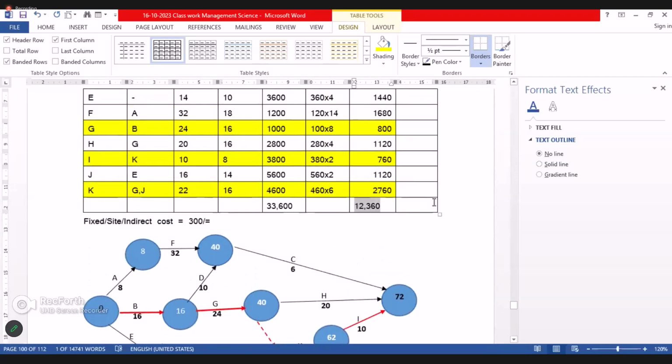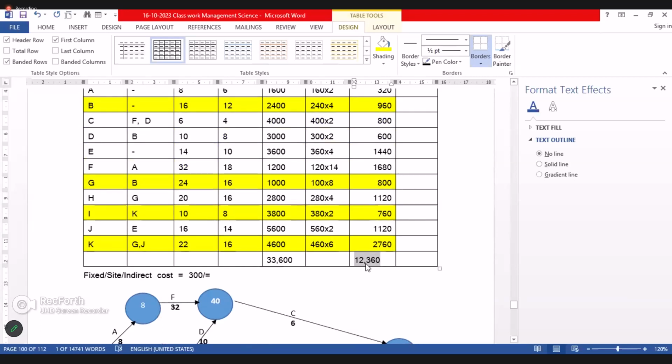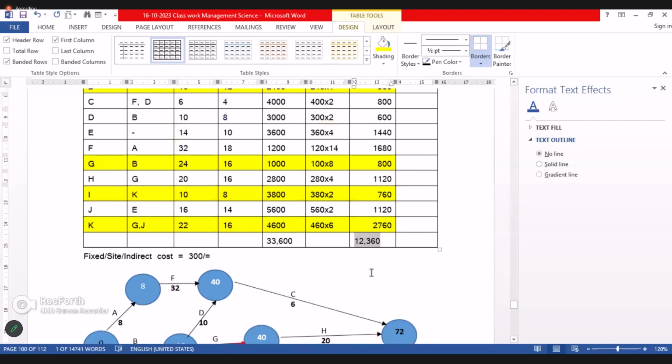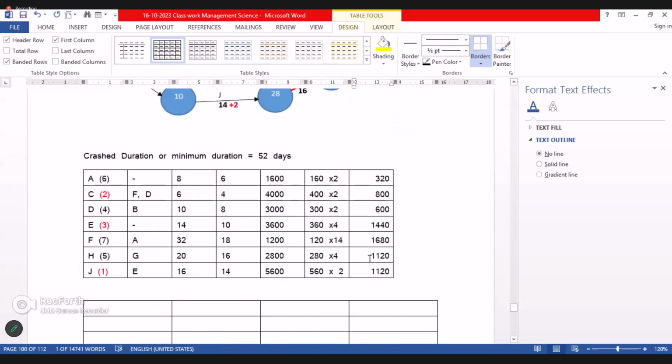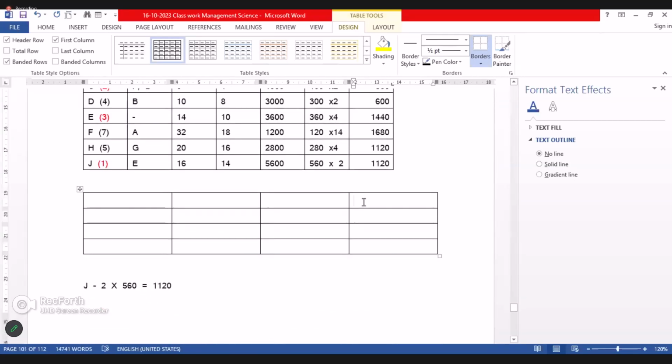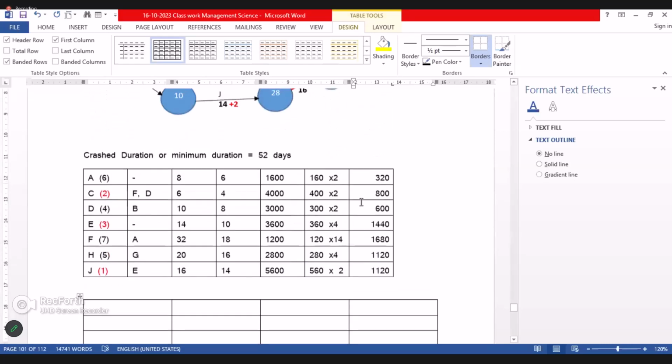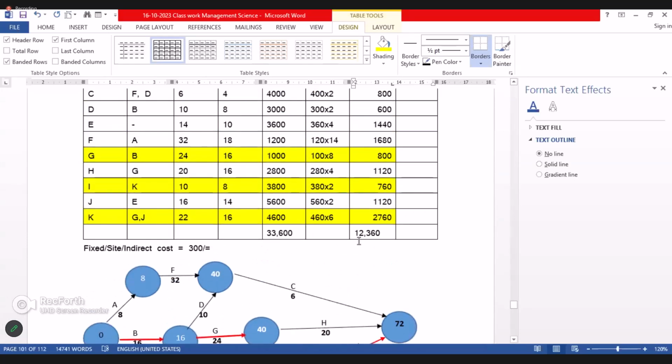Look at the table and say what is the extra cost? 12,360. Right, okay. The additional cost due to crashing is 12,360.